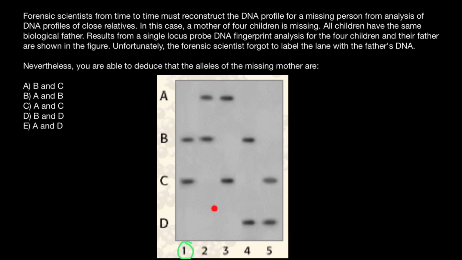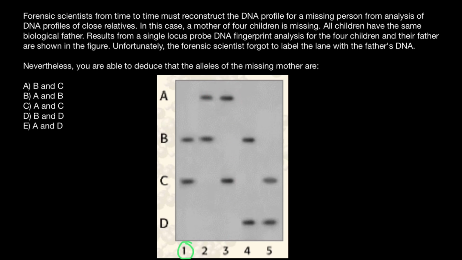For example, if we analyze line 2, here is a genotype. Can this person be the biological father of person number 1? Yes, because they share the same band, the same size allele. Can person number 2 be the biological father of person number 3?